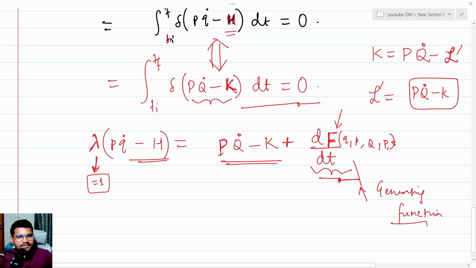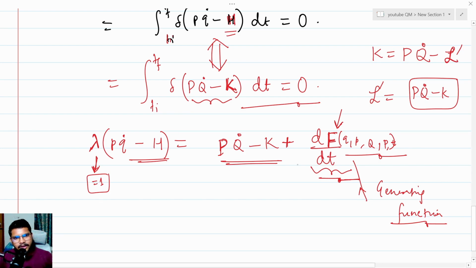This is how the generating function comes. The generating function comes under the transformation from the original coordinates and momenta to the newly formed generalized coordinates and momenta, where the generating function takes the list of generalized coordinates and momenta.